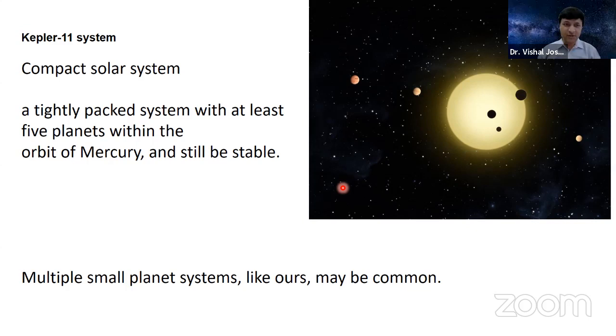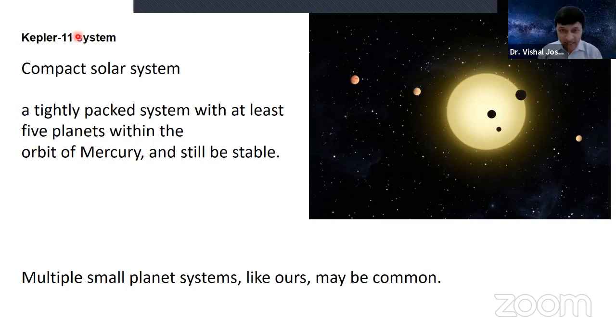One of them is called the Kepler-11 system. This is a planetary system where more than one planet, around 5 planets, are orbiting a single star. The uniqueness of this system is that all these 5 planets are very close to their host star. This is a very compact system.